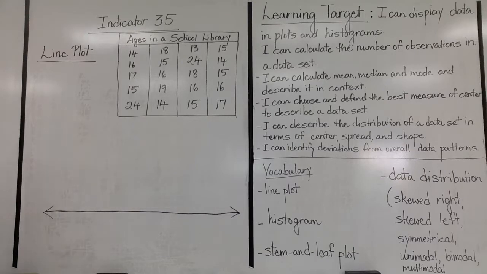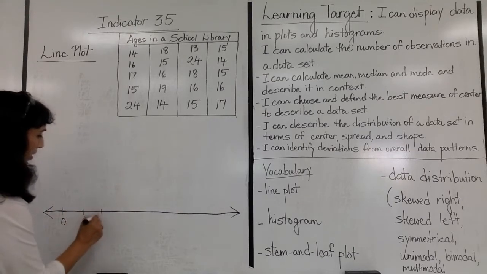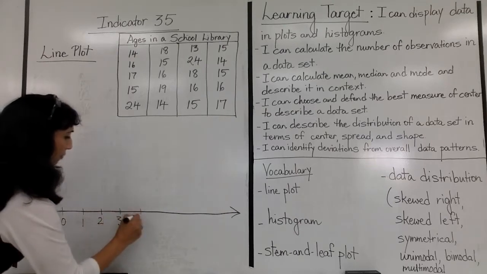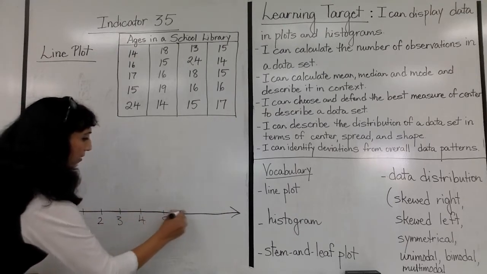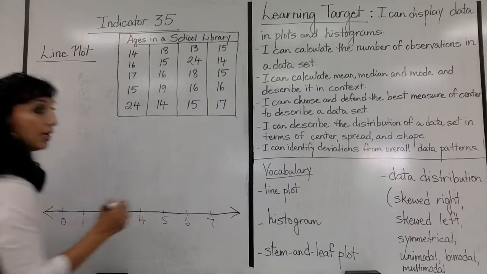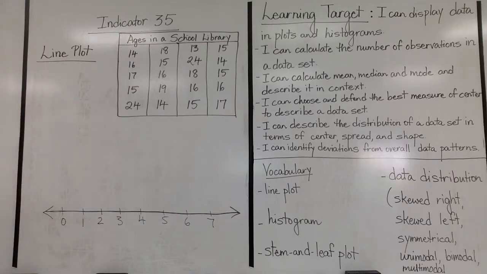And then we place our intervals 1, 2, 3, 4, 5, 6, 7, etc. A line plot basically uses a number line to show the number of times each value in a data set occurs, and an X is placed above the number line.